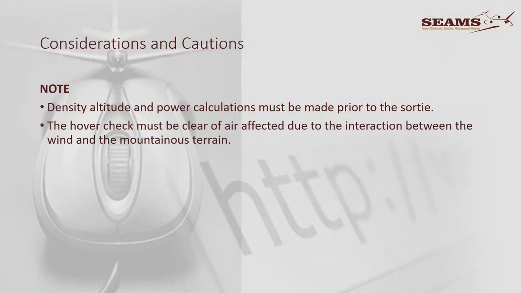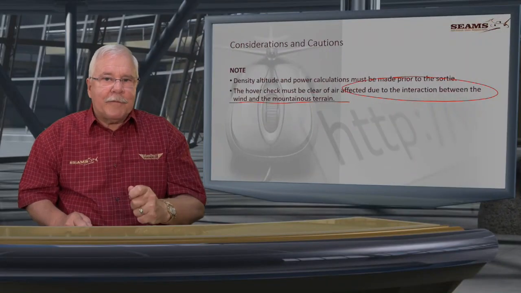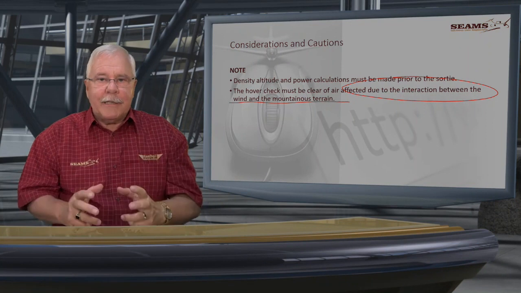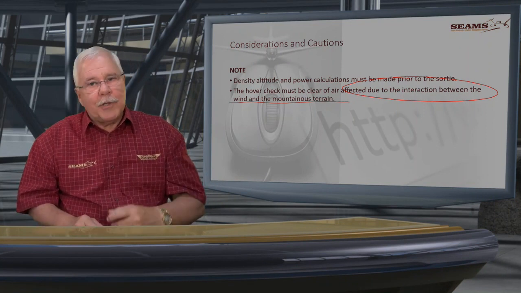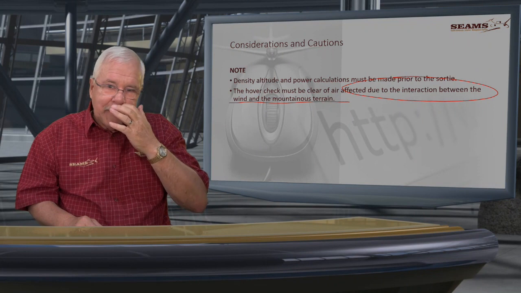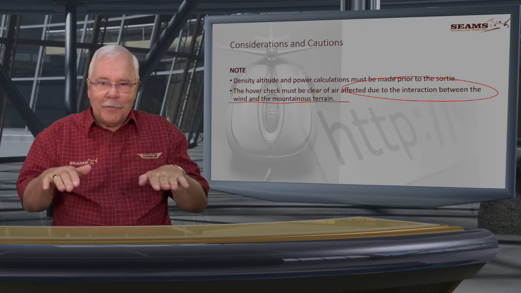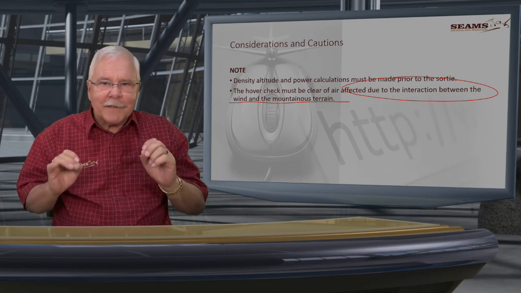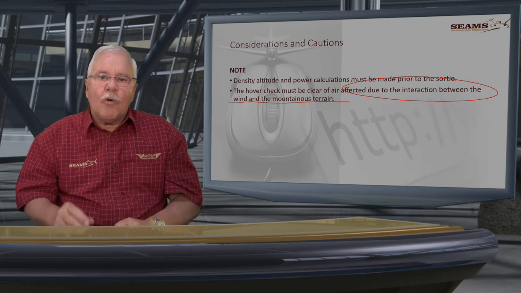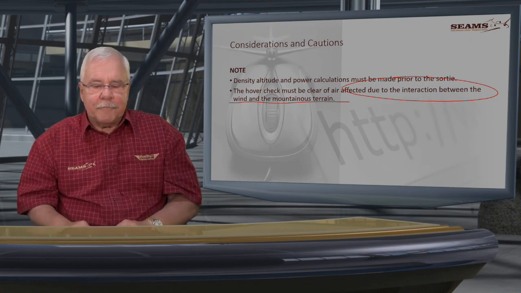All right, density, altitude. The hover check must be clear of air affected by the interaction between the wind and the mountain terrain. That is quite clear. You cannot do that in an updraft, because you're going to get the wrong indication of your power. You don't want to do that in a downdraft. You want to do that on a path where the playing field is, so to say, level, or as level as possible.